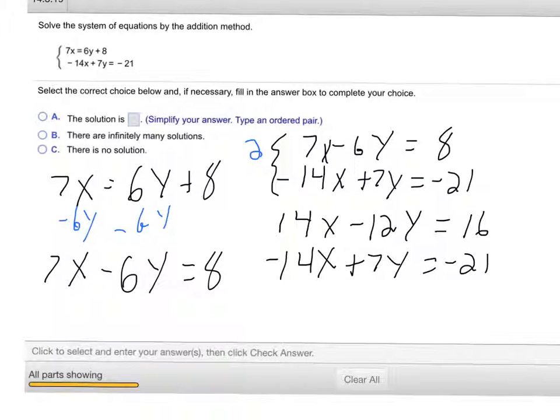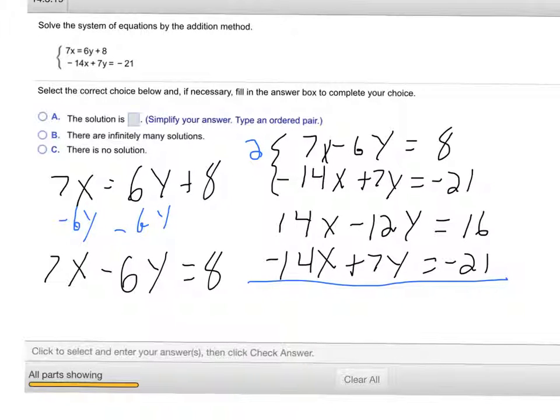Again, what I've done here is I multiplied everything by 2 in the top equation. This is what I obtained, and I just recopied the bottom one. This system is equivalent to our original system. Now I want to add these equations, and when I add, the x's will be eliminated, and I can get an equation and find the value of y.